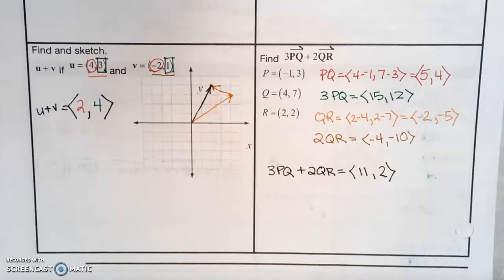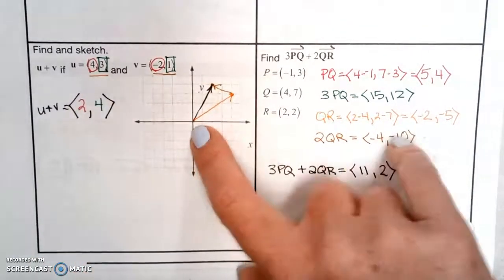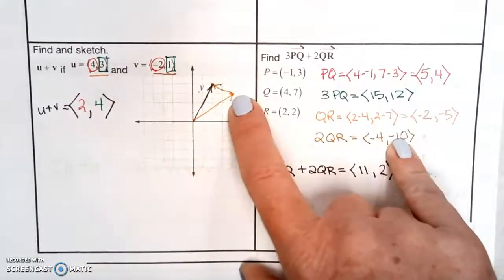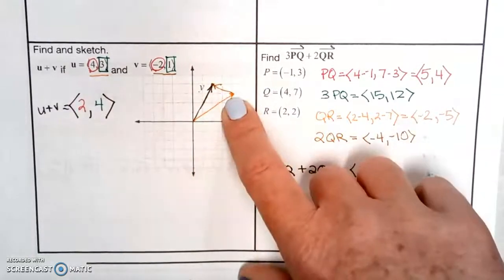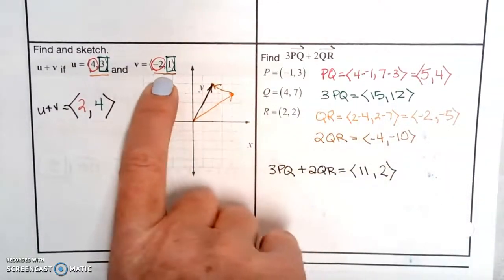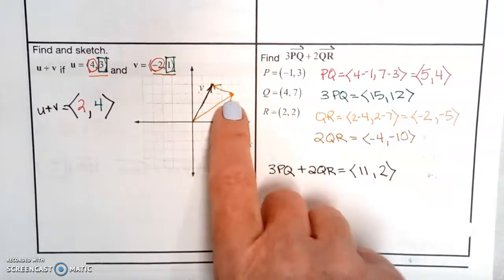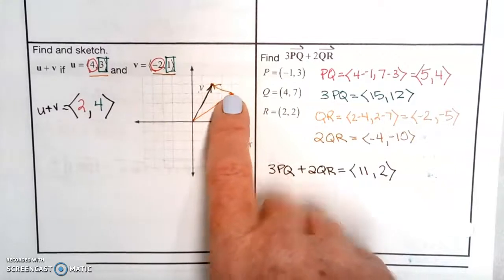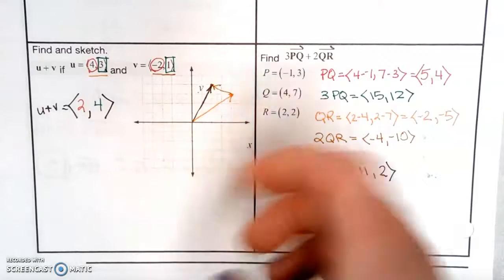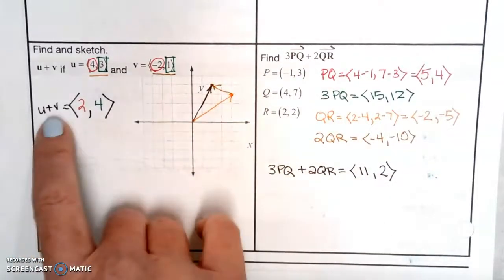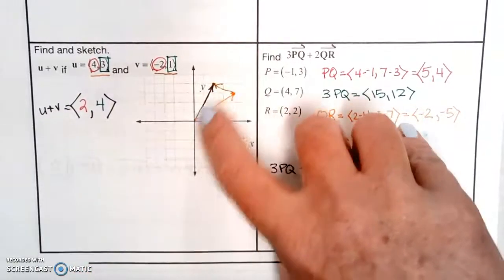The first vector, u, I graphed in orange. The second vector v, negative 2, 1, I graphed with the brown right here. And then the resultant vector, u plus v, ends up at 2, 4. That one's graphed in black.